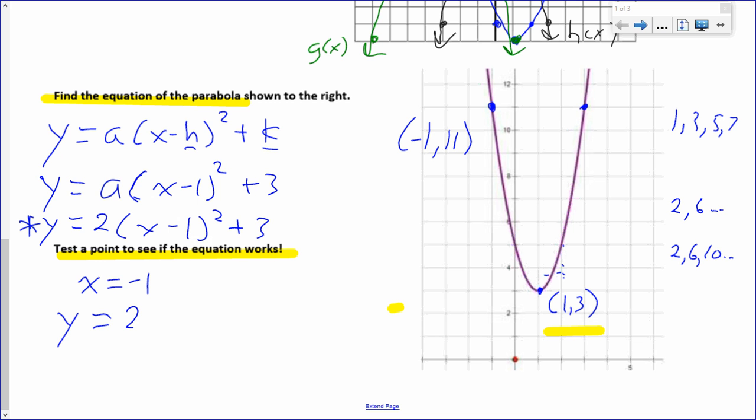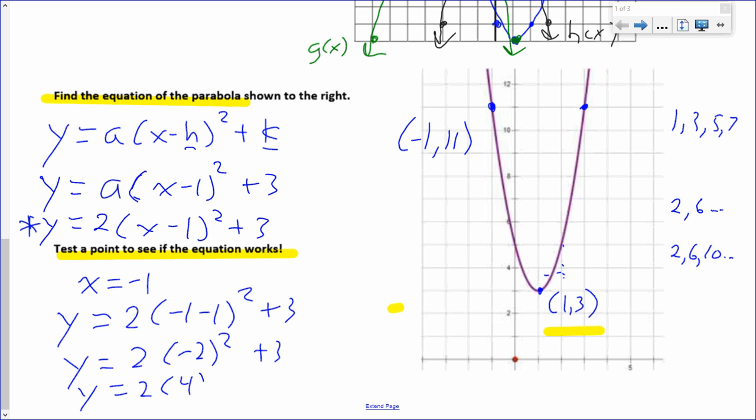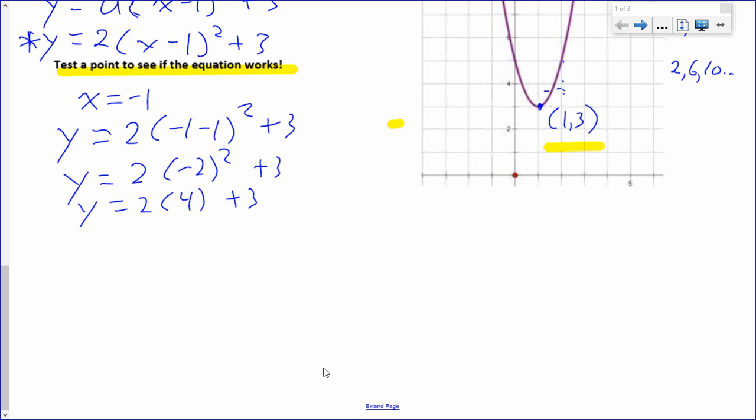And that would tell me that my equation is probably correct. So just use order of operations here. (-2) squared plus 3. Okay, (-2) squared is +4. And then if I take 2 times 4, I get 8, add 3, sure enough, I get y equals 11, which makes me happy.